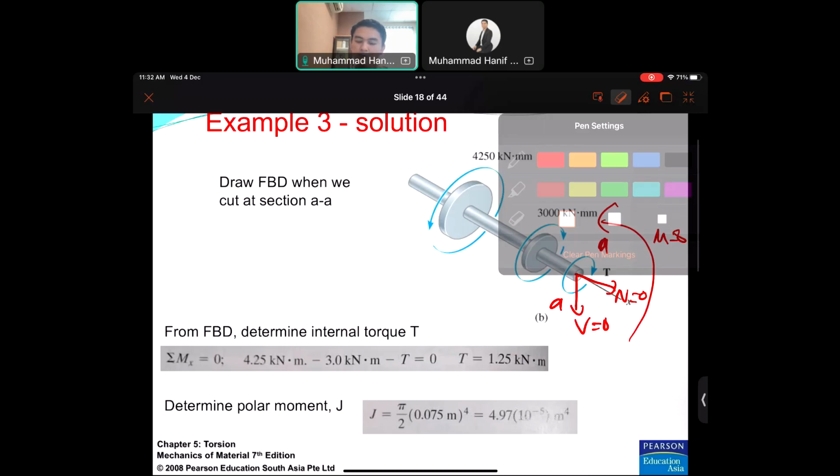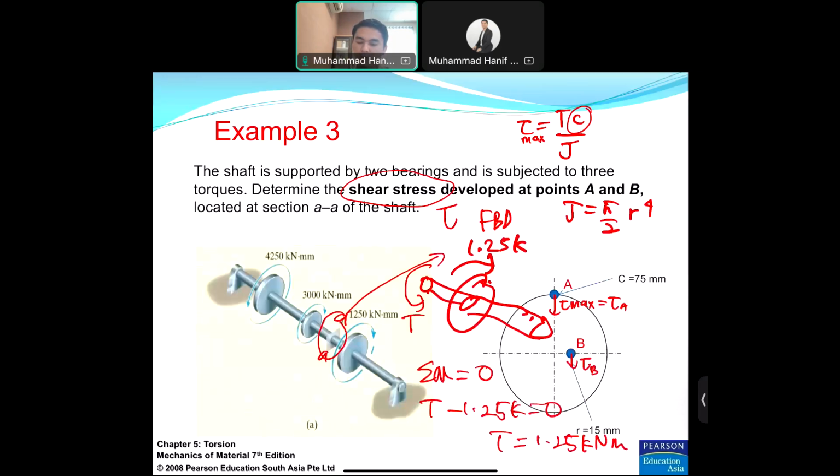Similar. This is the FBD for the right. It's up to you. As I mentioned, always choose the best and simplest one.